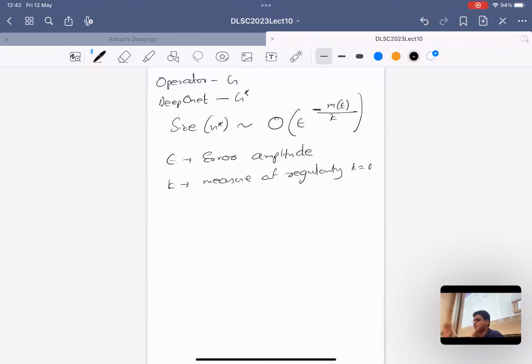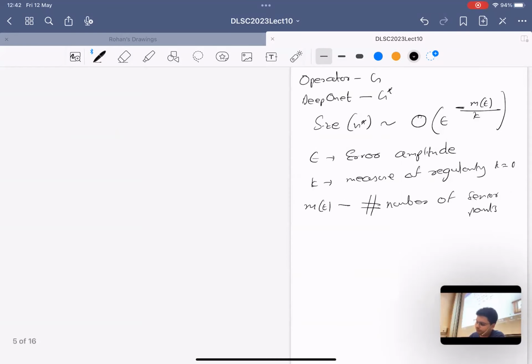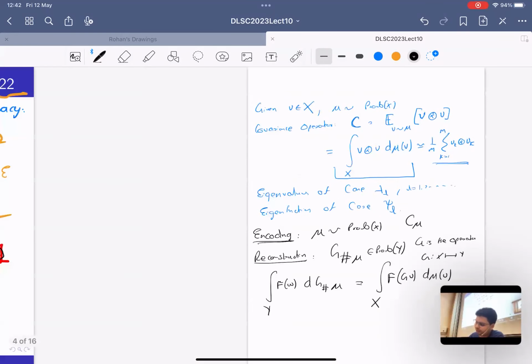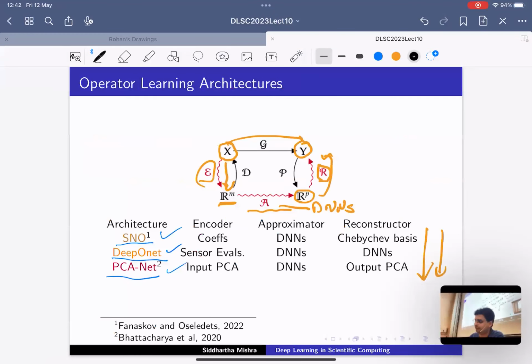So remember that now we have to revisit what we did. Remember that for a DeepONet, for a PCA net, and so on, M is the number of sensor points. So this is the projection that makes the finite dimensions: the number of points at which you measure the function, the number of Fourier modes that you're going to use, the number of PCA modes that you're going to use.